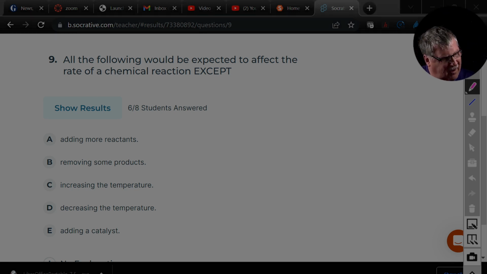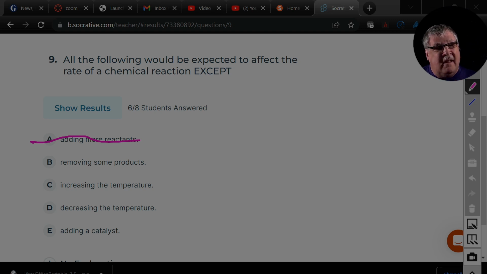So, does adding more reactants affect the rate of a chemical reaction? What do you think? If you increase the concentration of reactants, that's kind of another crude way of thinking about this. Is that going to increase the rate of a chemical reaction? I'd say so.